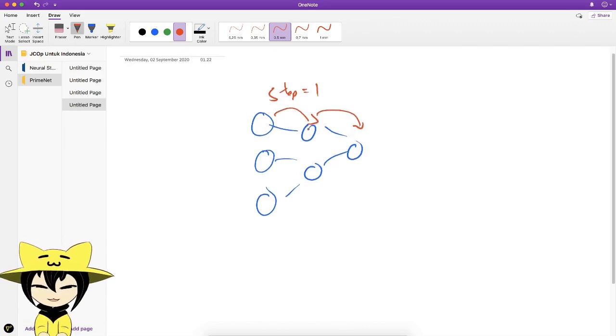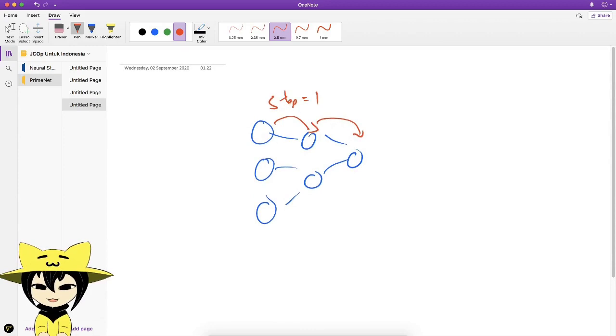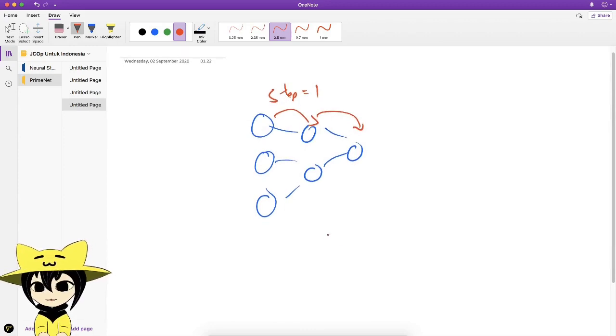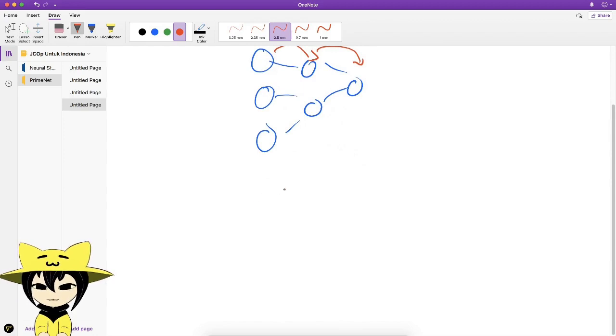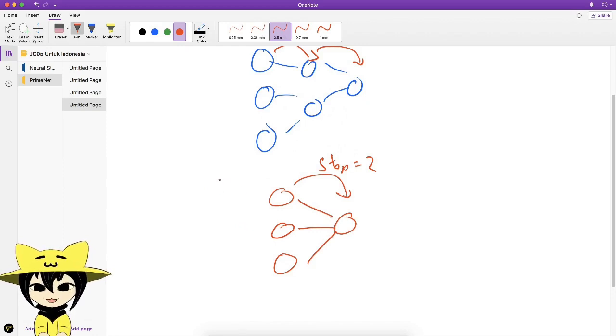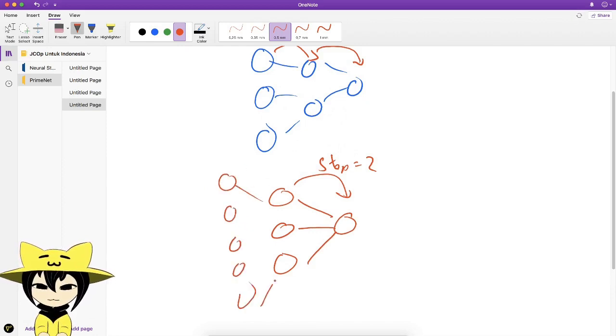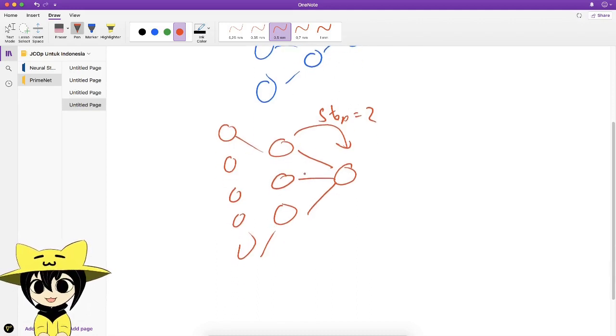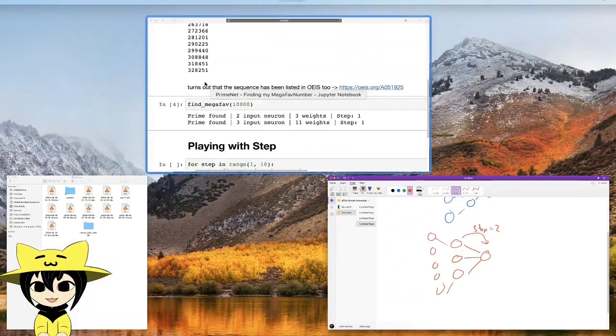That's weird, but I don't know why. So how about using a different kind of step? Let's say I start with 3 inputs, then use a step of 2, so it directly goes into 1 neuron. The next one would be a step of 2, with 1, 2, 3, 4, 5. Maybe we could find a prime number of weights. So let's see if we do that.